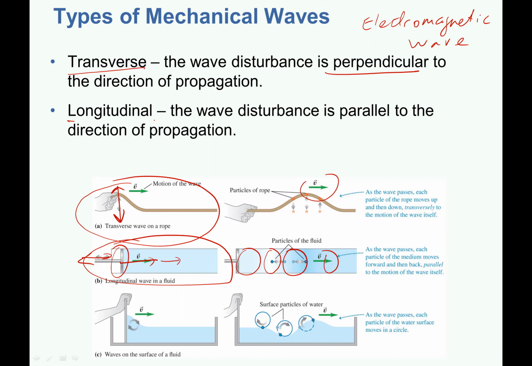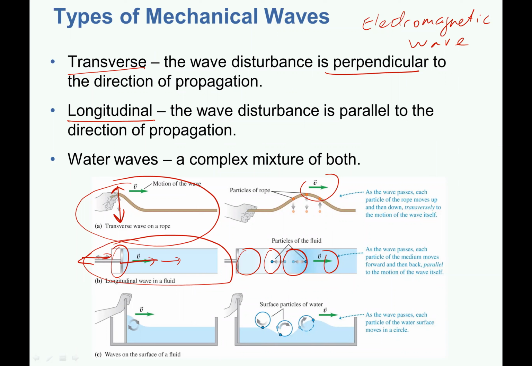That means longitudinal waves are always when the disturbance is parallel to the direction of propagation. You disturb the medium and you generate a wave which is moving parallel to the direction of the disturbance. All right, so you can also have some kind of combination of those two. For example, water waves are a lot more complicated because they combine transverse and longitudinal properties, right?